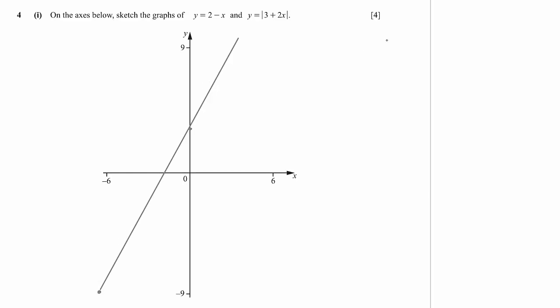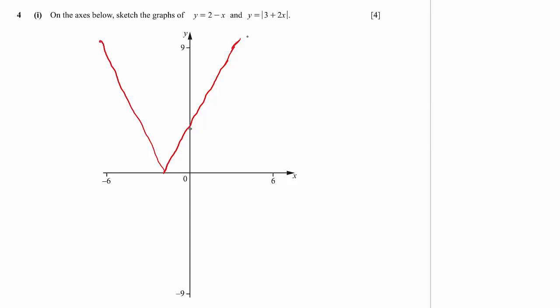So what's going to happen to the actual modulus? That's going to follow this while it's above the axis, like so, and then it will reflect upwards. So it will go like so. I can get the guideline out of there now.